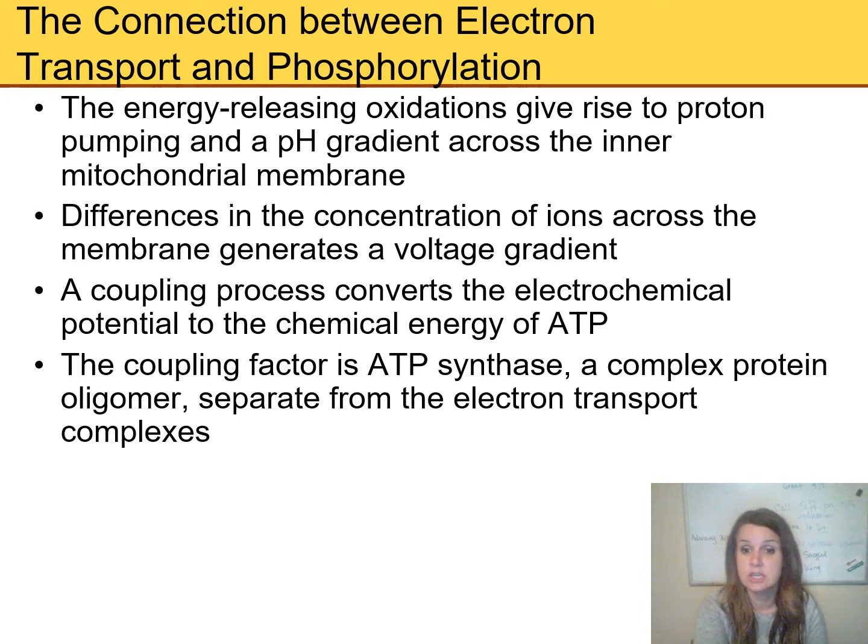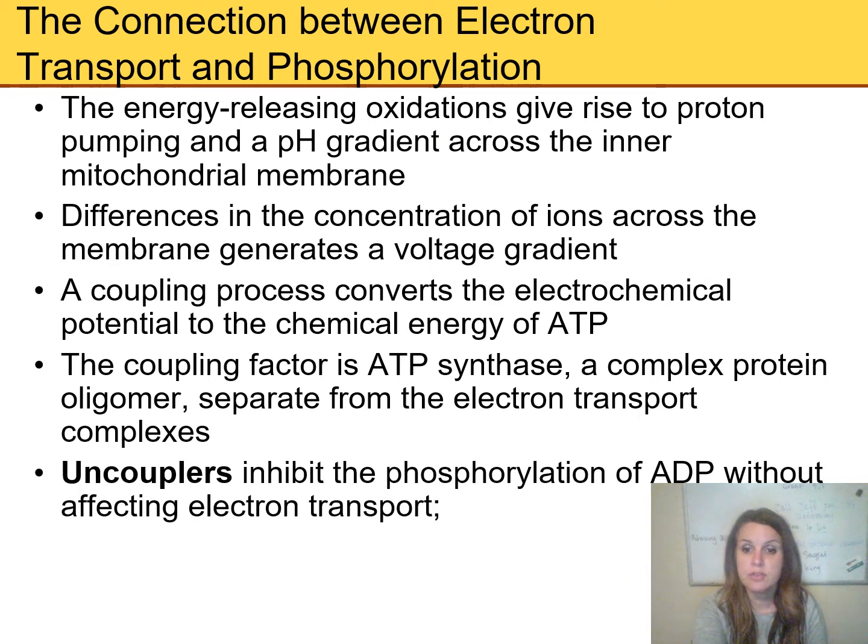So I don't want you to think that ATP synthase is a component of the electron transport chain. It's just coupled to the electron transport chain. However, there are a bunch of uncouplers that are able to be used to inhibit the phosphorylation of ADP without affecting the electron transport chain.